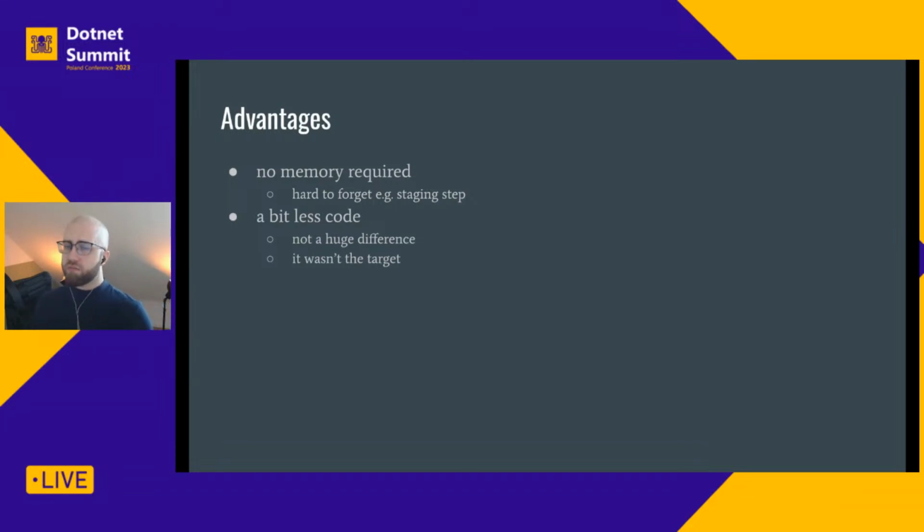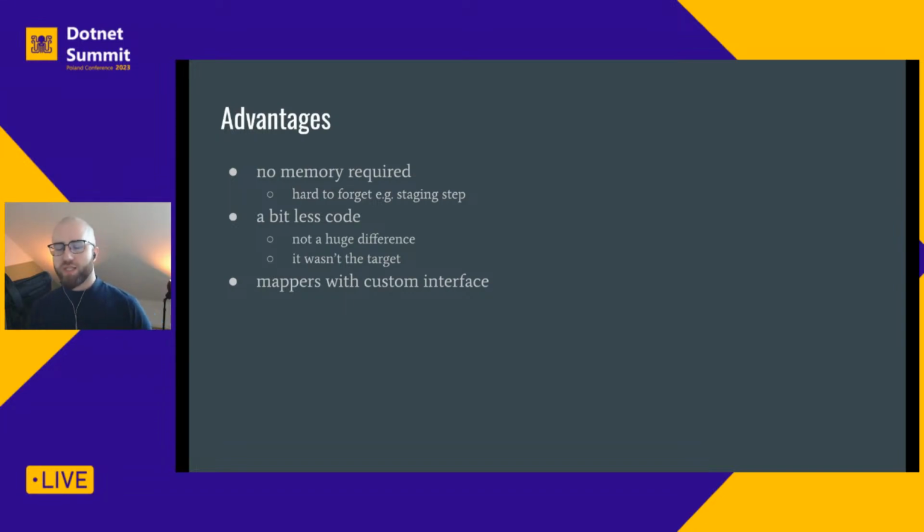There's also a little bit less code just because we've got some of those generalized things, but it's not a huge difference. It really wasn't the target. It's just a bonus on top. That's it. Another advantage is actually a happy little accident, as Bob Ross would say, because we got mappers with a custom interface, right?